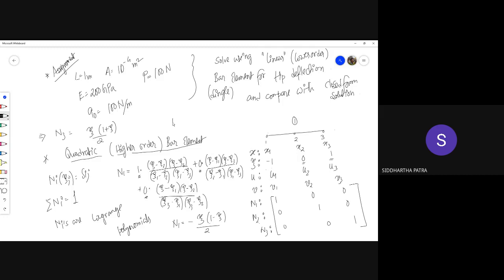Okay. Try to get n2. It should be 0 at xi equals minus 1 and xi equals 1. What did you get?